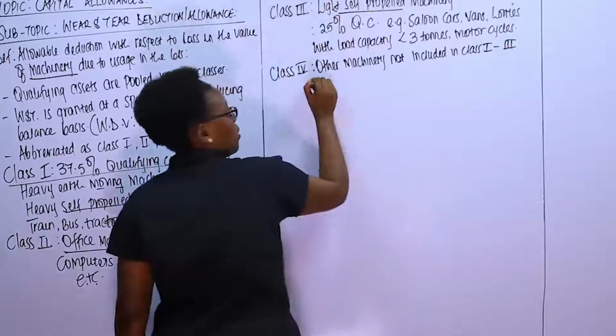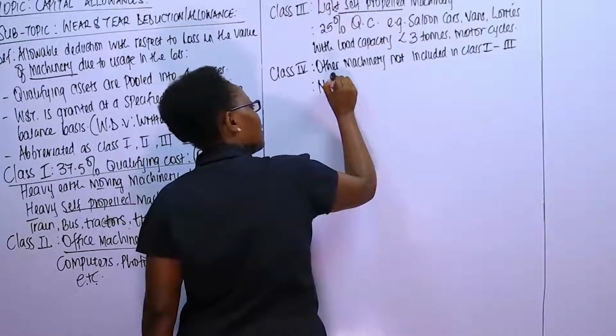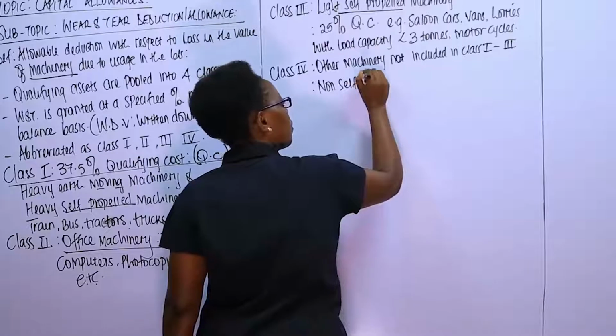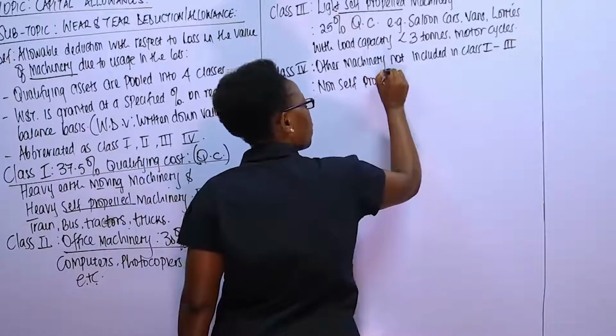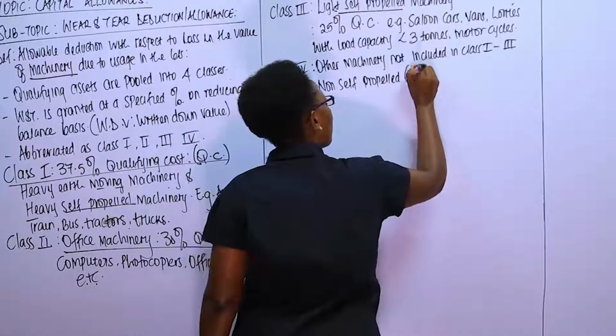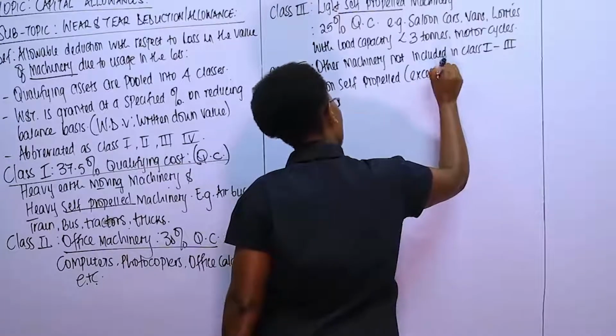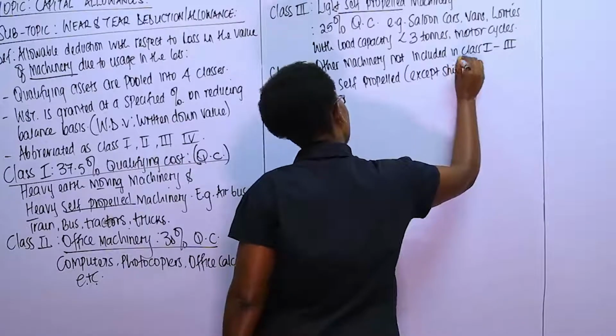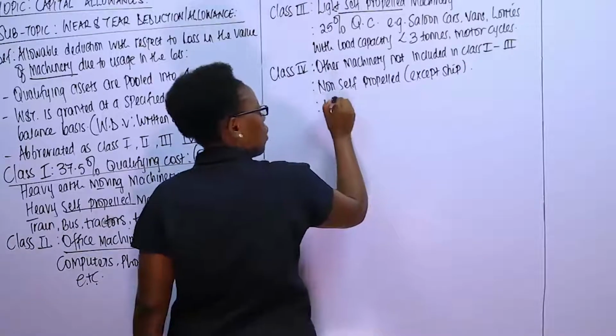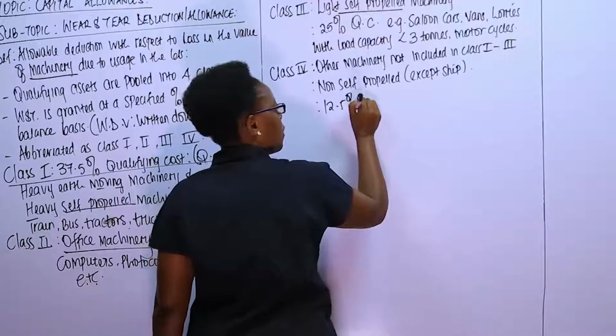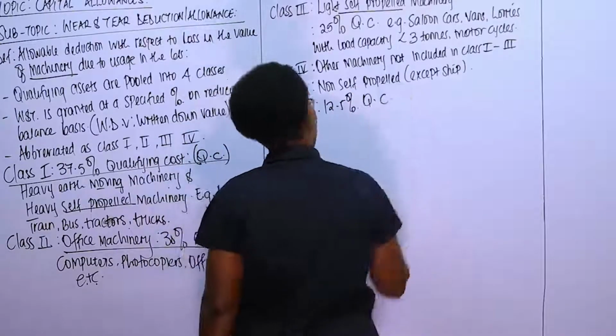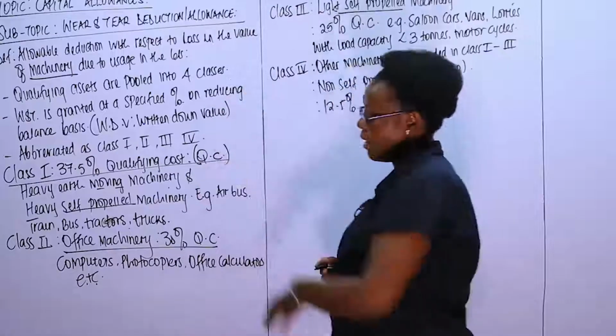This machinery must be non-self-propelled. That is, except a ship. And the rate is 12.5% of the qualifying cost. So these are the various classes.